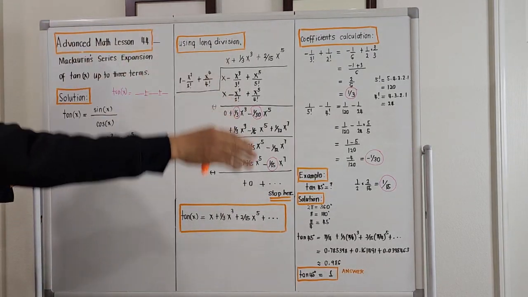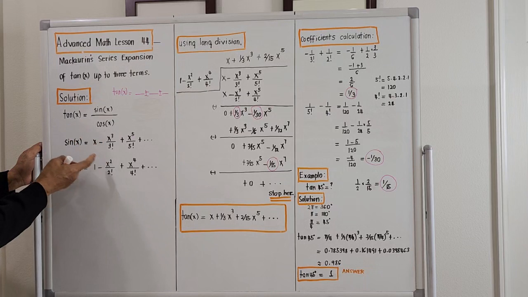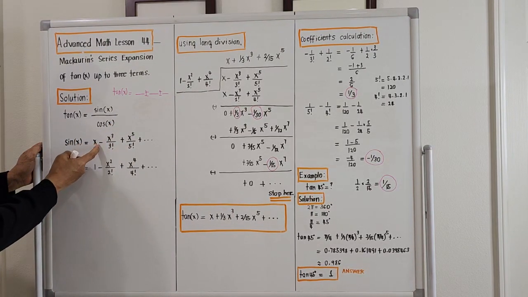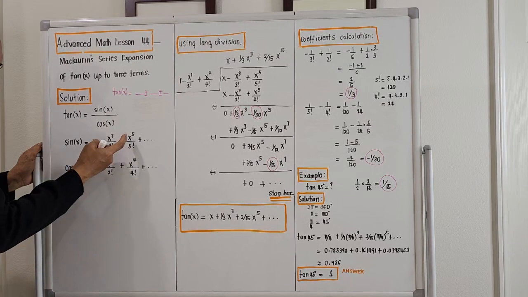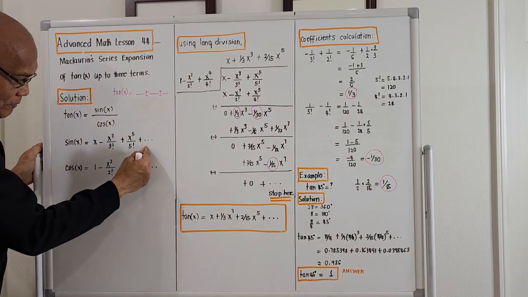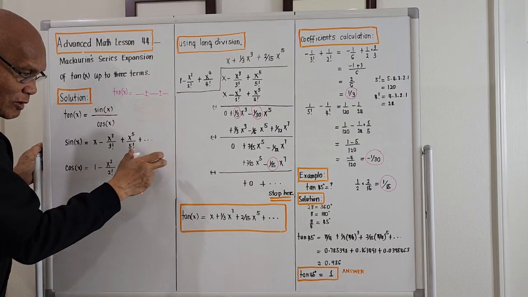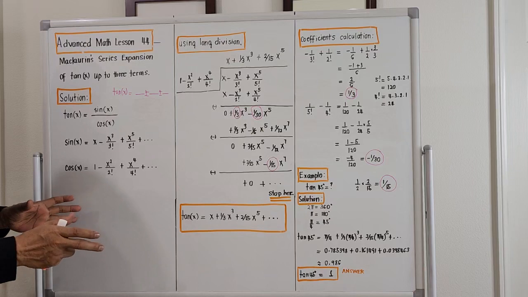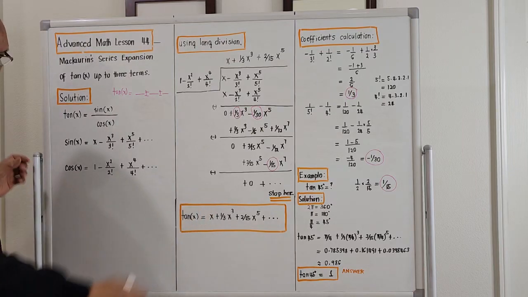And from the previous lesson, sine of x is actually x minus x cubed over 3 factorial plus x to the fifth over 5 factorial, plus some other values, which we will not include anymore. We are only after the solution that involves 3 parts on the right.